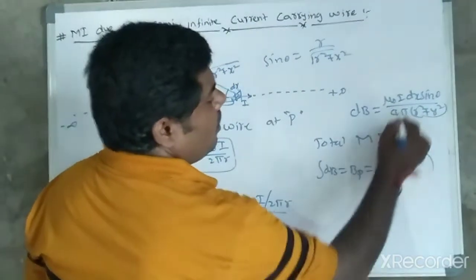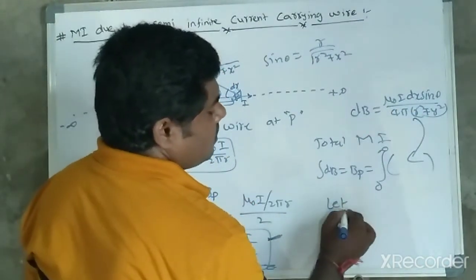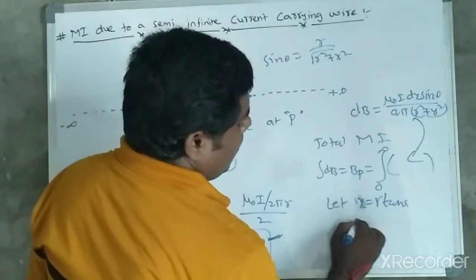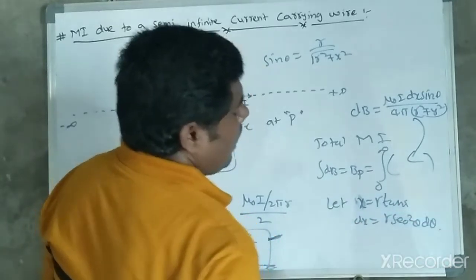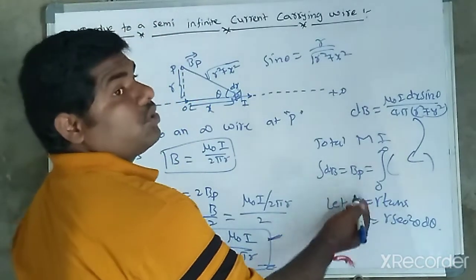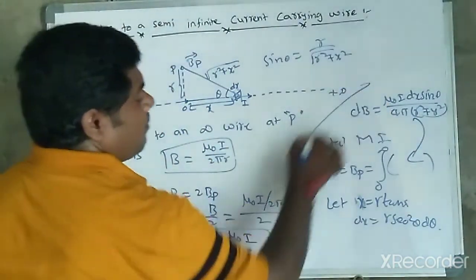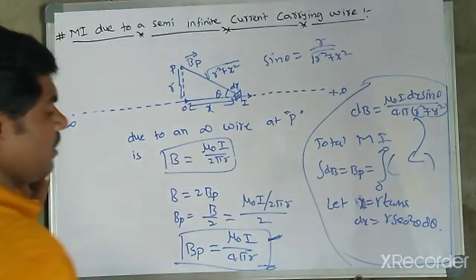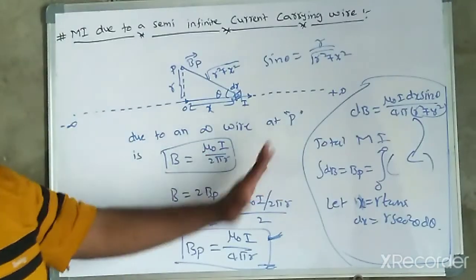As usual, you may write x is equal to r tan theta and dx is equal to r sec square theta d theta, and the limits you may also substitute here: 0 to pi by 2. Finally, after completing this calculation and integration, you will definitely get this value. Please self check it.